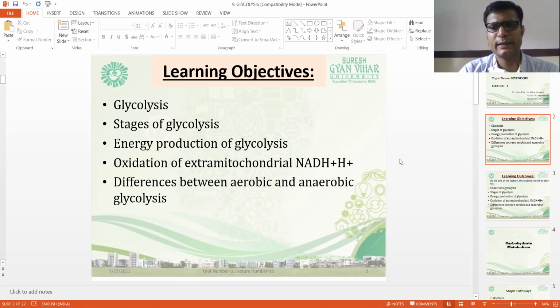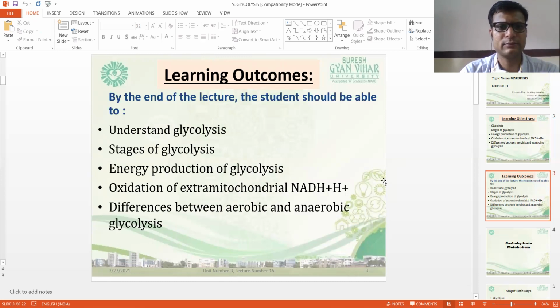We'll study both, and there is a very minute difference between aerobic and anaerobic glycolysis, which is based on the end product. What is the end product? It is what we get when the cycle gets completed. What is the last product we get from that particular cycle, or in this case, glycolysis? So let's start our class.